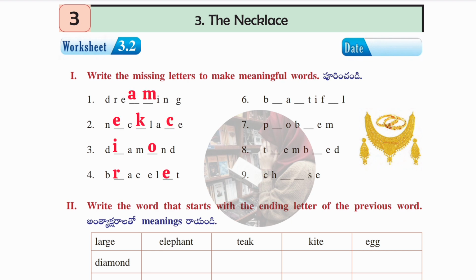So first one is dreaming, D-R-E-A-M-I-N-G. Second one, necklace, N-E-C-K-L-A-C-E, necklace. Third one, diamond, D-I-A-M-O-N-D. Fourth one is bracelet, B-R-A-C-E-L-E-T. Fifth one is beautiful, B-E-A-U-T-I-F-U-L. Next one, problem, P-R-O-B-L-E-M. Next one, trembled, T-R-E-M-B-L-E-D. And last one is cheese, C-H-E-E-S-E.